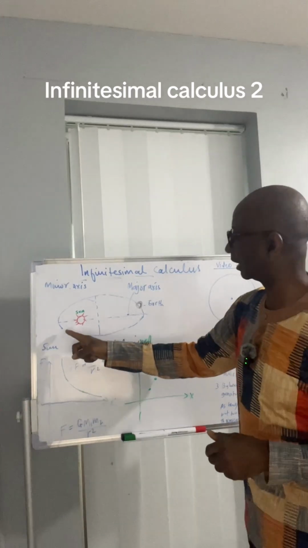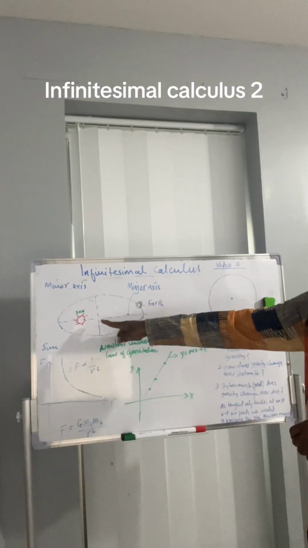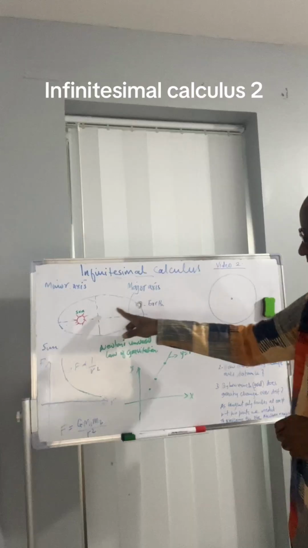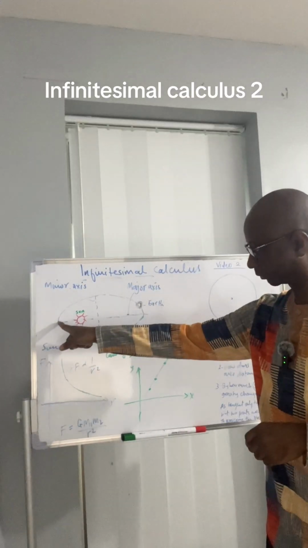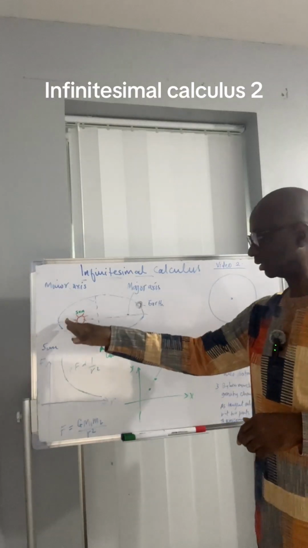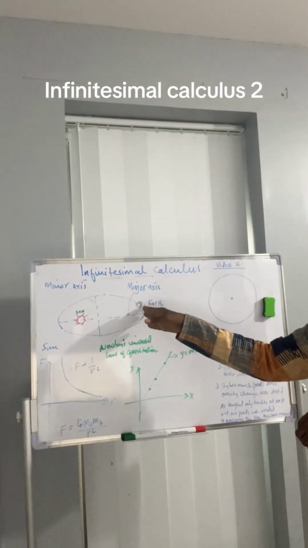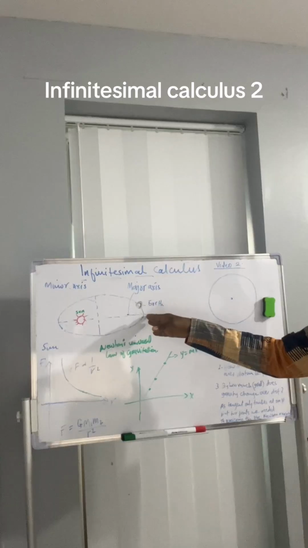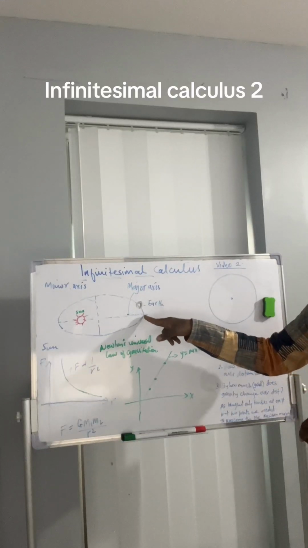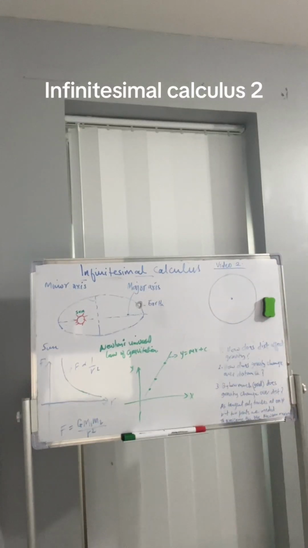But when it is a little bit further away from the sun, as the Earth is here, farther here than here, its speed reduces. Here, its speed increases. When it comes all the way here, its speed starts to reduce until it reaches the maximum point of the major axis.